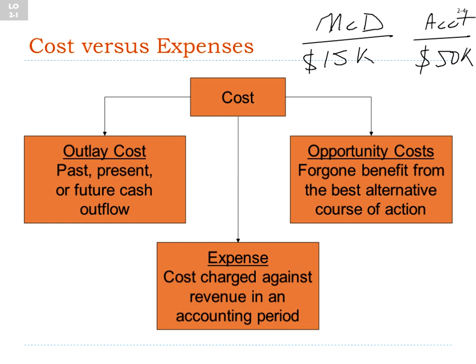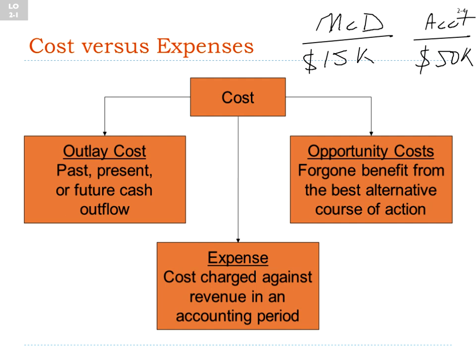Well, I would think that all of you would take the $50,000 accounting job, which is why you're getting your accounting degree. But let's say, in theory, one of you says, no, I don't want that $50,000 accounting job. Maybe it's too far, maybe I'm moving to another city. There's a reason why you're not taking that job, and you say, let me just stay at my job with McDonald's.